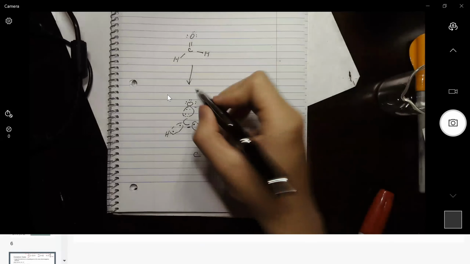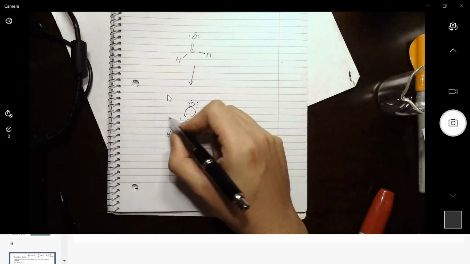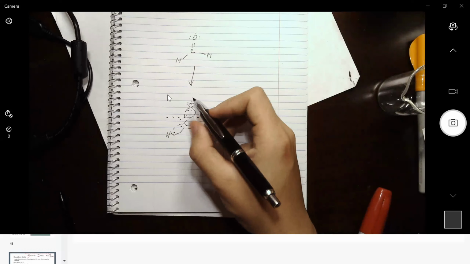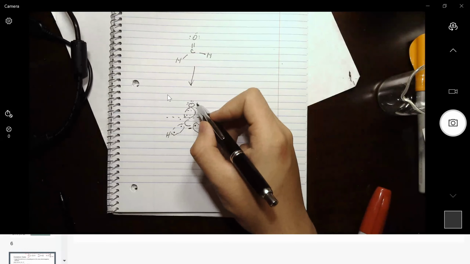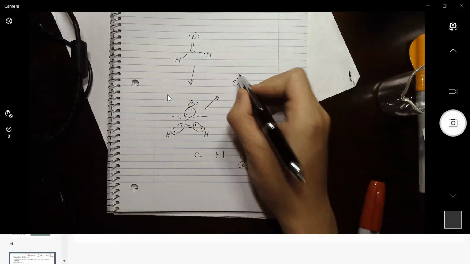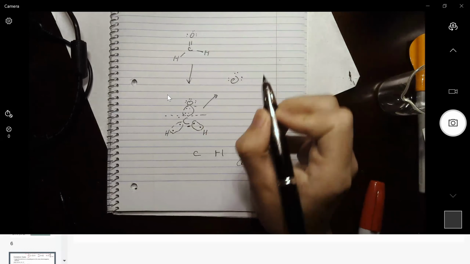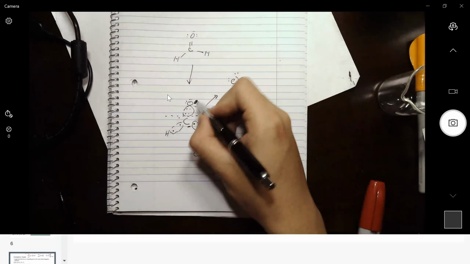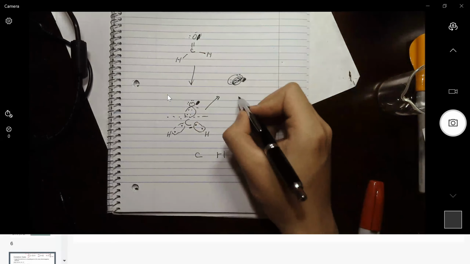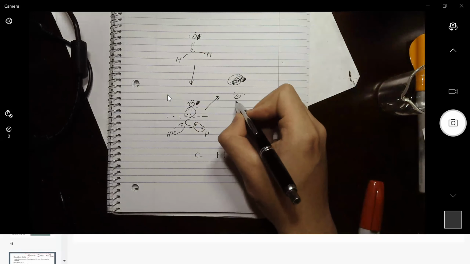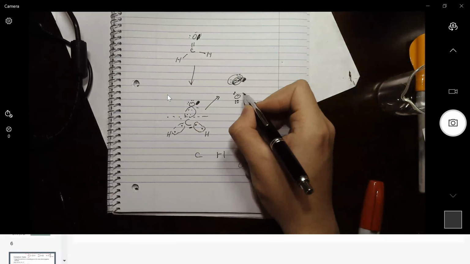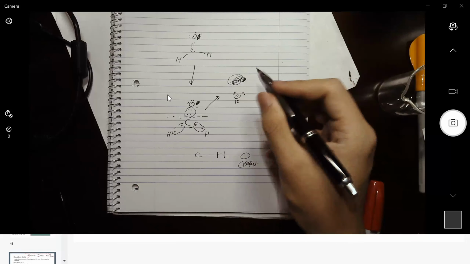So that means let's consider this bond first. These 4 electrons will go to the more electronegative element. So now we have this. And then, oh sorry, that shouldn't be there. And then we have this. How many valence electrons do we have there?